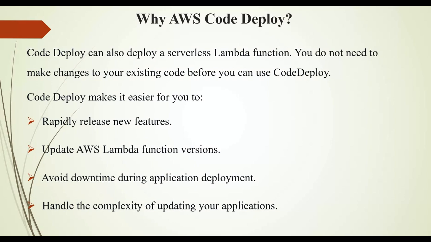We can also easily make deployments, and it rapidly releases new features and updated AWS Lambda function versions. It also avoids downtime during application deployment and handles the complexity of updating your applications. So this is why we need it.